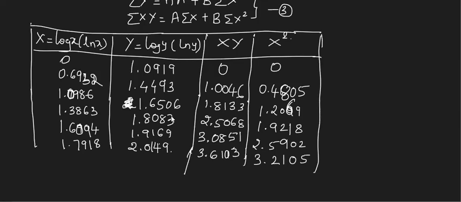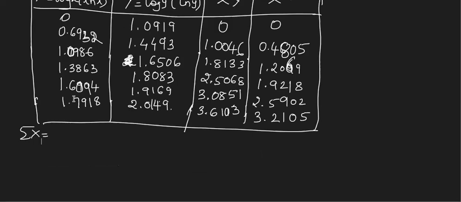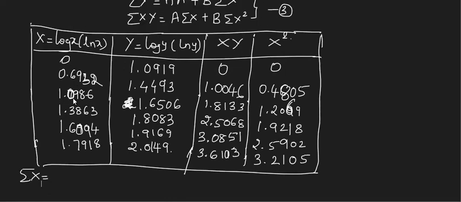Let us complete this table. Now you need to add the columns. If you have taken small x and y extra, don't add them. It is not at all required. Add these values. Tell me summation x. 6.5793, ma'am.